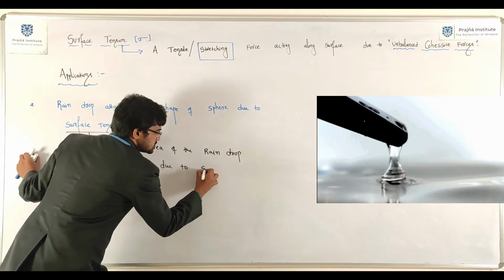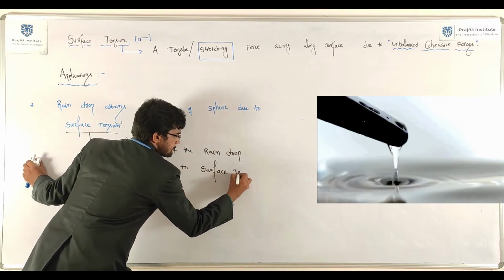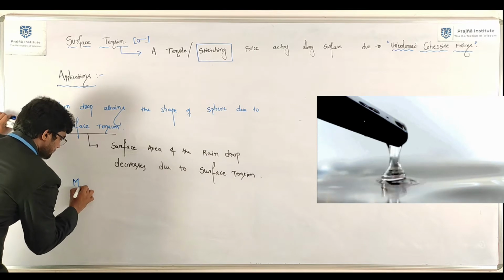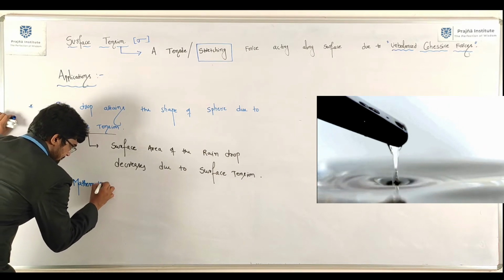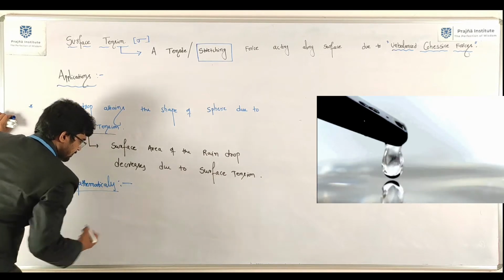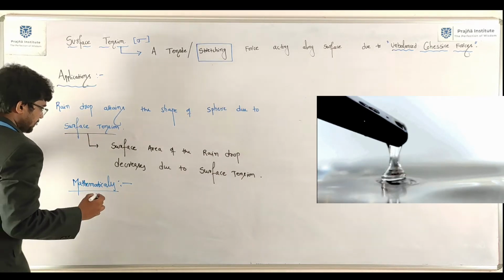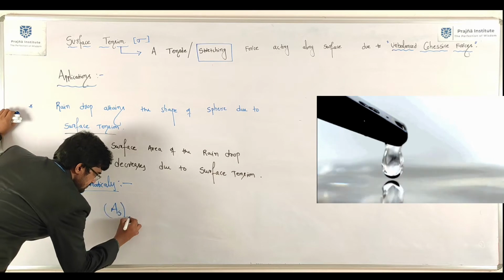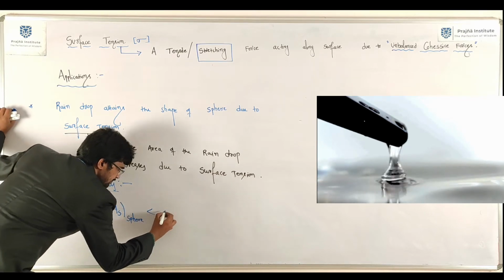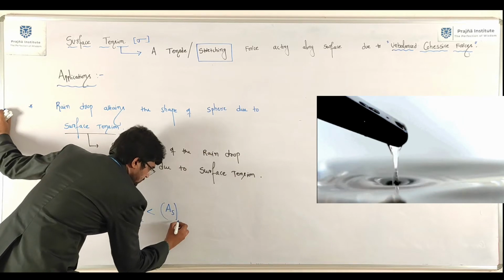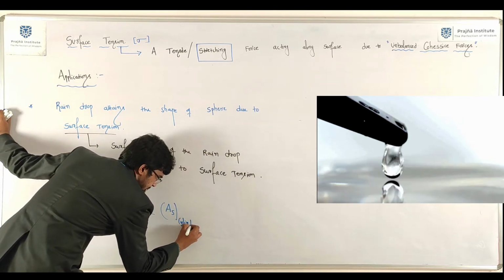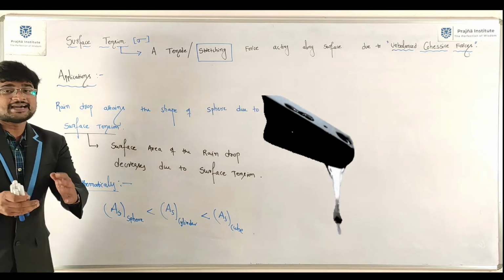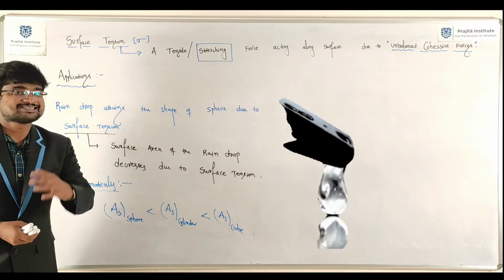Here, mathematically, we compare the surface area of the sphere, the cylinder and the cube. Now we need to look into applications of surface tension.